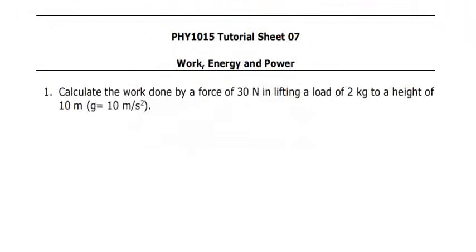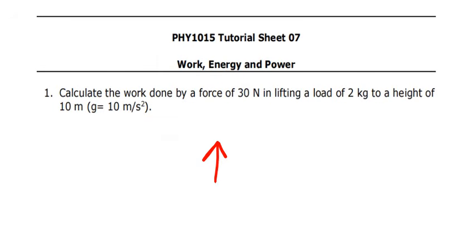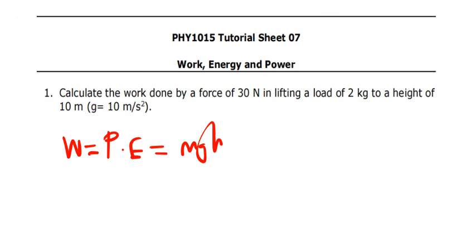Okay, so how are we going to solve our question? Now, this is the work done, and you've lifted this object. Because you've lifted, there's an aspect of what? Potential energy. Potential energy is going to be gained because of the height. So in this case, the potential energy is equal to mgh.